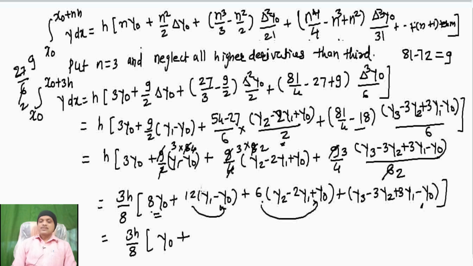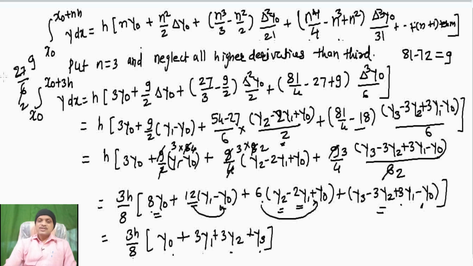Plus, 12y1 minus 12y1 will cancel, and we have plus 3y1, plus 6y2 and this minus 3y2, so this will be 3y2, and this y3. We get, friends, 3h divided by 8 into y0 plus 3y1 plus 3y2 plus y3.